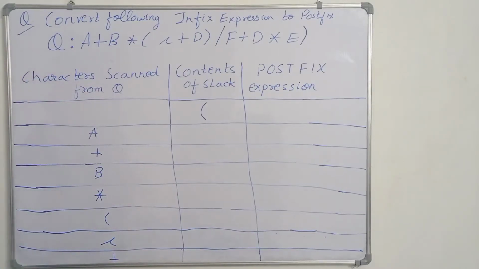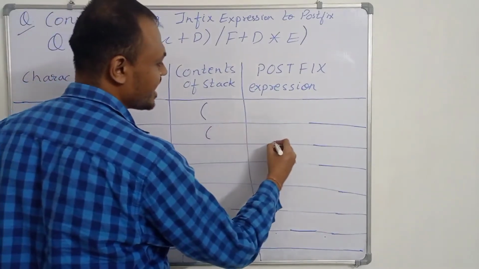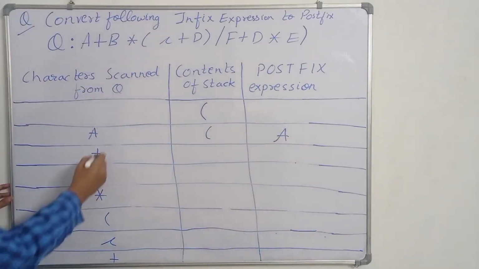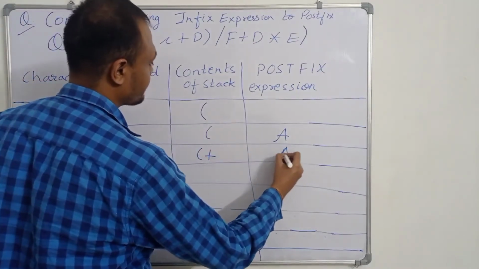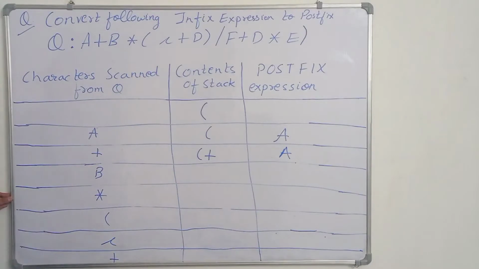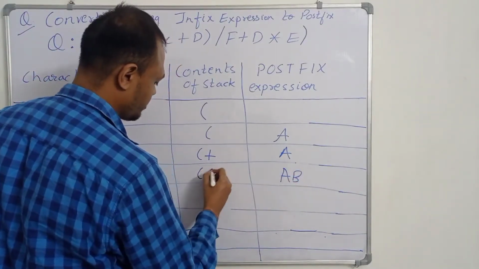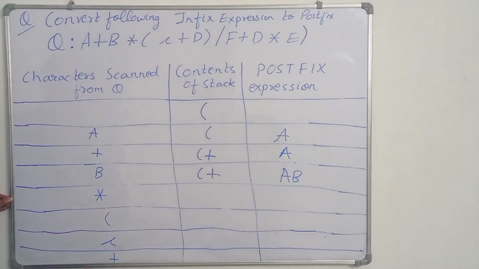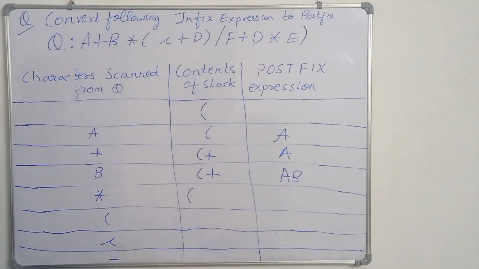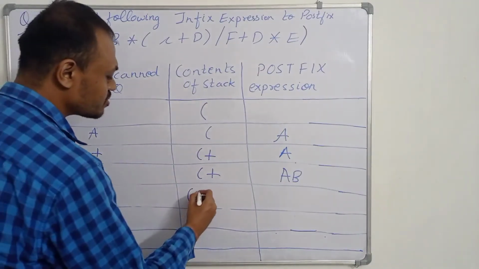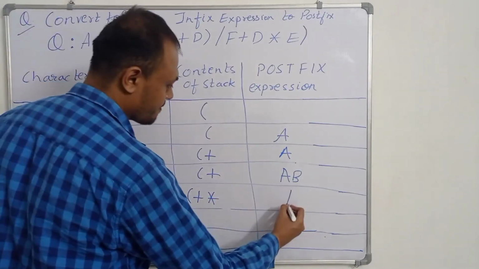So when we scan A, then the contents of stack will be this and postfix expression will be this. Then we scan plus, so A. Then B, so we will add it to the postfix expression, so AB. Now star. This plus addition has lower precedence than multiply, so this will get added to stack as it is, so AB.